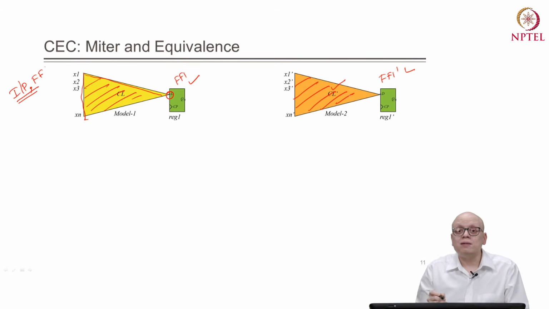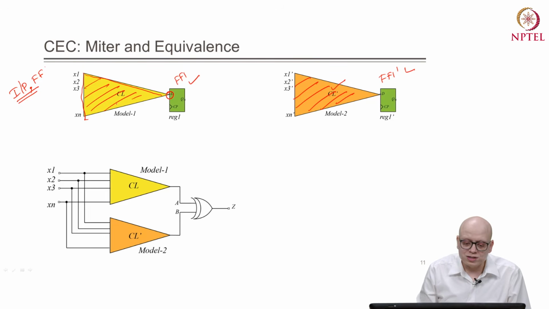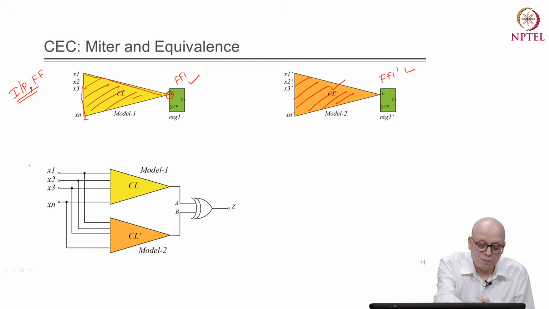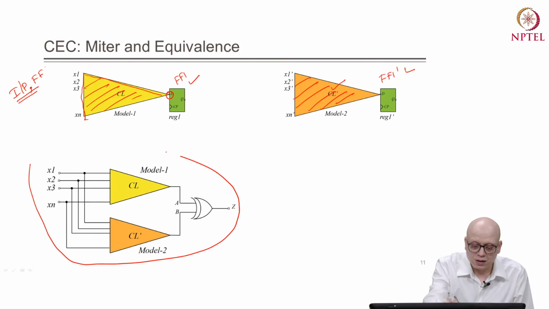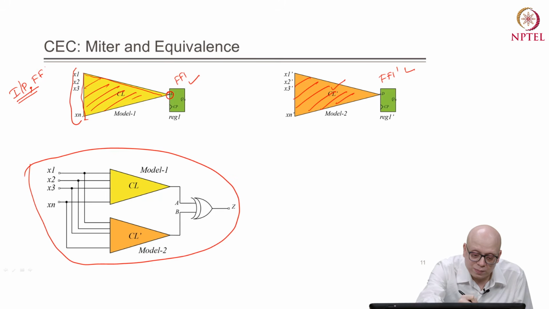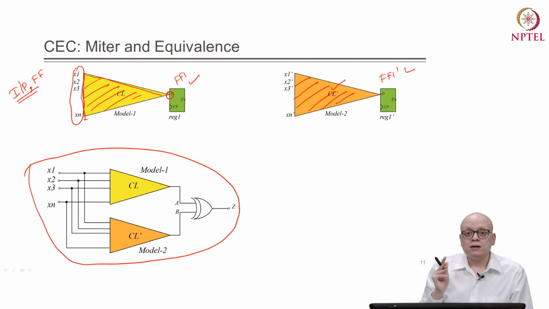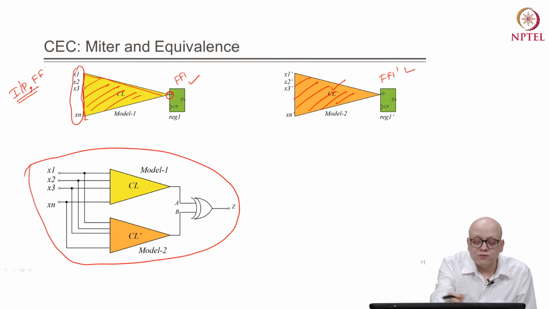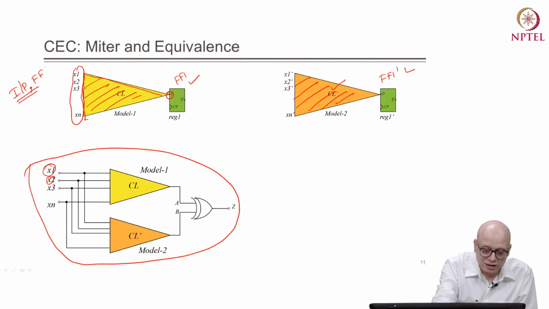Now, we want to establish the equivalence of these two logic cones. So, what we do is that we create a miter. This is a miter circuit. We make the input ports and the Q pins of the flip flops that were hit in the fan in cone independent variables x1, x2, x3, xn.